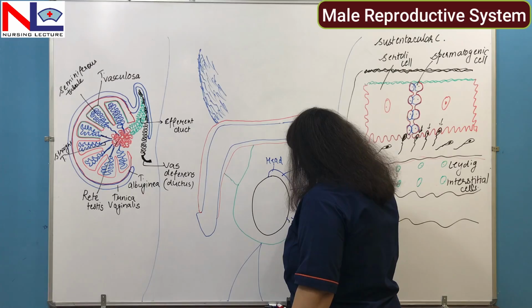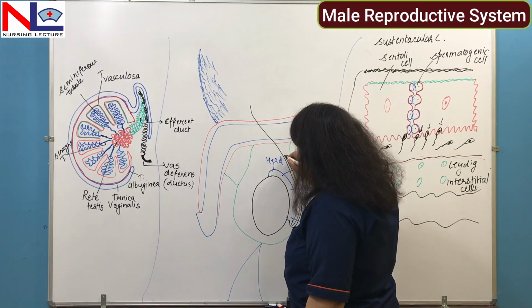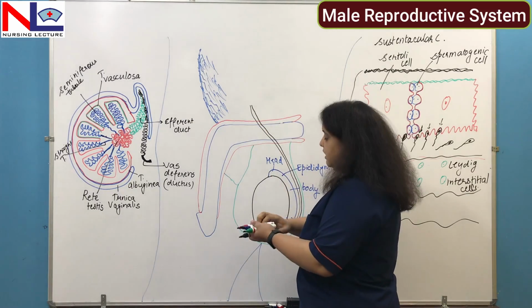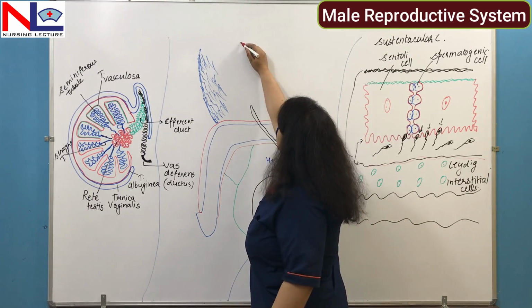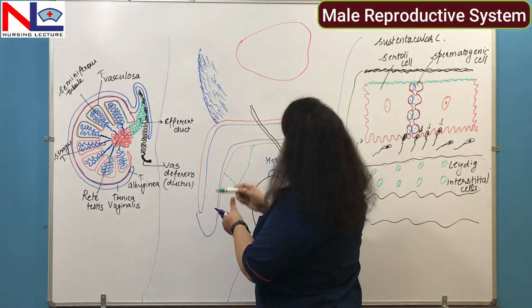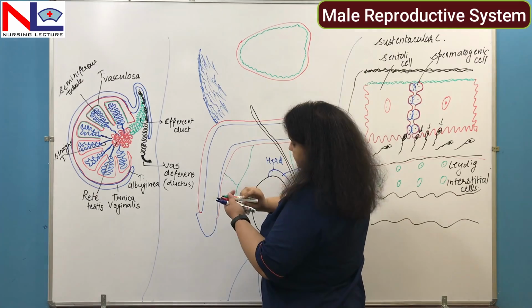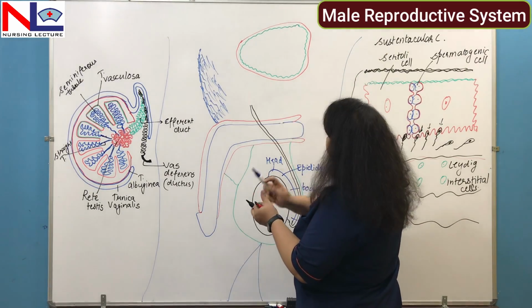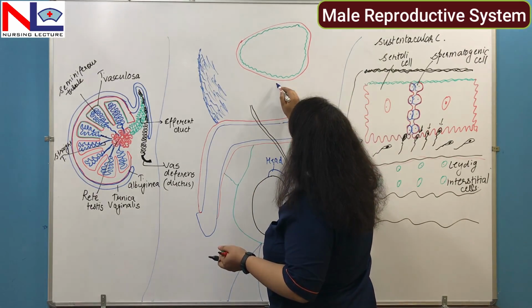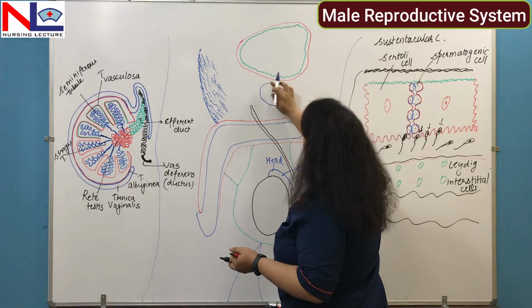It moves up, and here is the bladder. Then inferior to that is one accessory sex gland, that is the prostate.